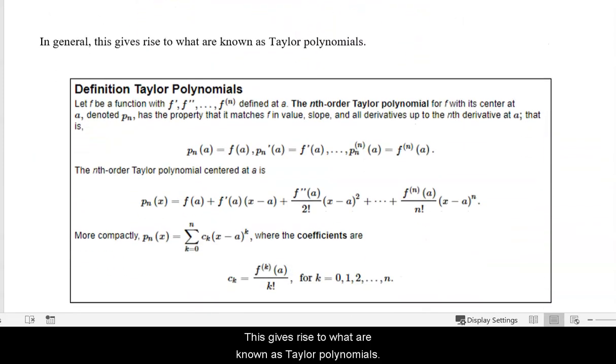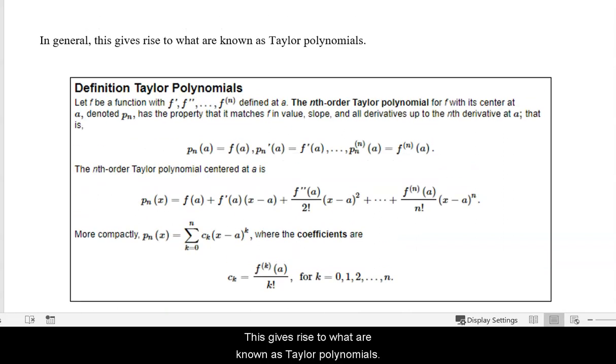This gives rise to what are known as Taylor polynomials. The definition for a Taylor polynomial is given by that formula. Different books write it differently, but it is often the case that we separate the constant pattern from the rest of the pattern to emphasize the fact that this is some coefficient constant multiplied by the binomial factor x minus a raised to the kth power.